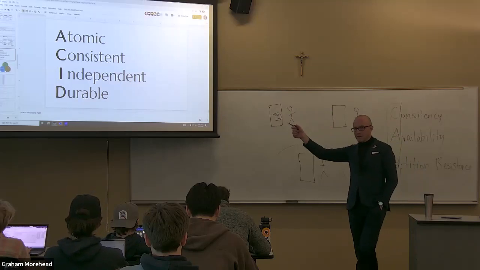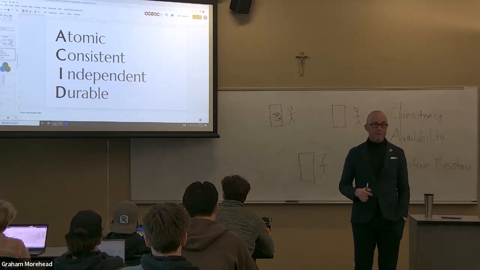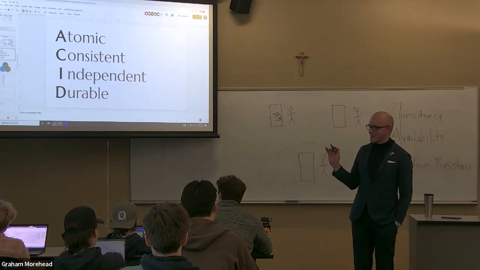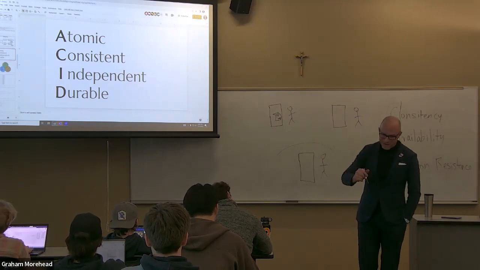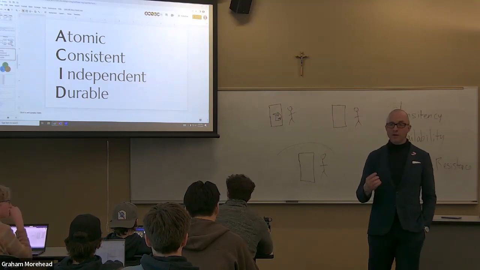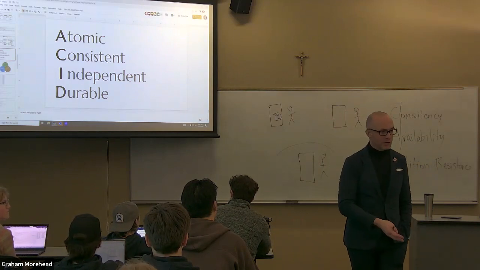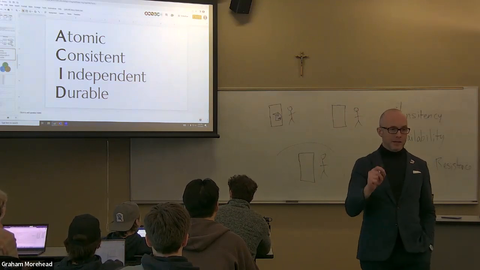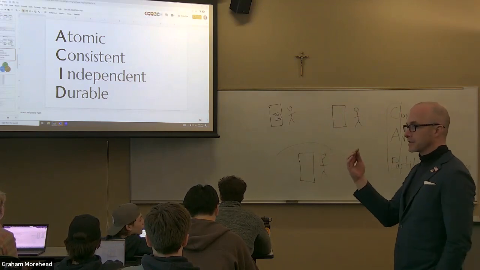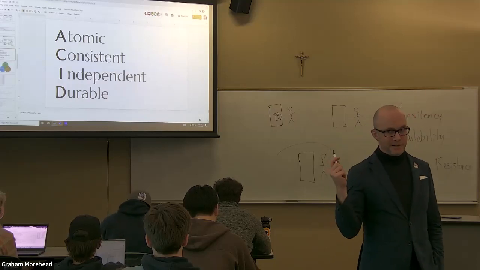Atomic means it cannot be split, which is ironic because we can split atoms, right? I don't know why they use that. But when something is atomic, it cannot be split, and it refers to the transaction, whether withdrawing money or depositing money in that case, or any other transaction. If you need something like the money in a bank account, if it's that important that it be consistent, you need an ACID compliant database.